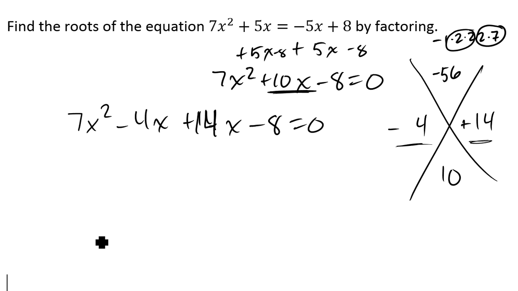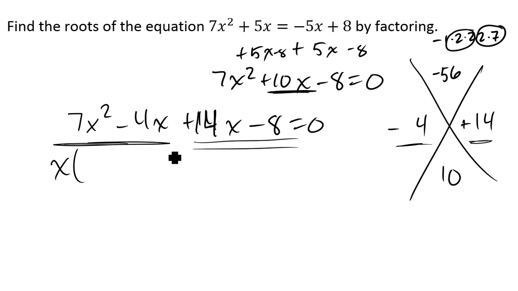Now we're going to use factoring by grouping. I'm going to factor out the greatest common factor from the first two terms and the second two terms. In the first two terms, the only thing they have in common is x. So I'm going to factor out the x, and I'm left with 7x minus 4. For my next two terms, I've got 14 and 8, and the only common factor that 14 and 8 have is 2. So I'm going to factor out a 2.